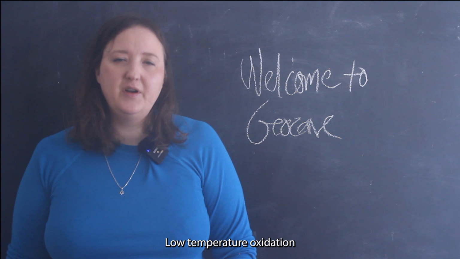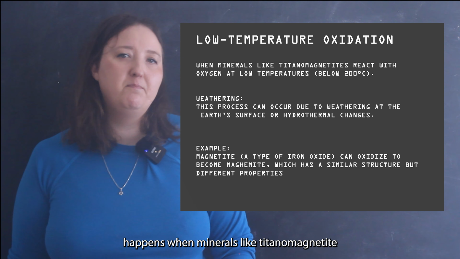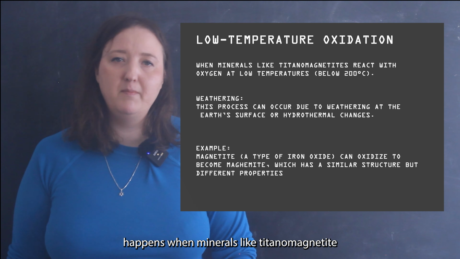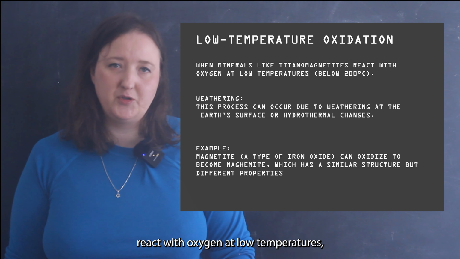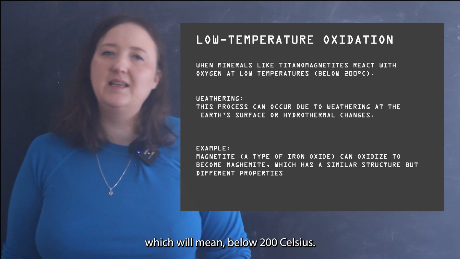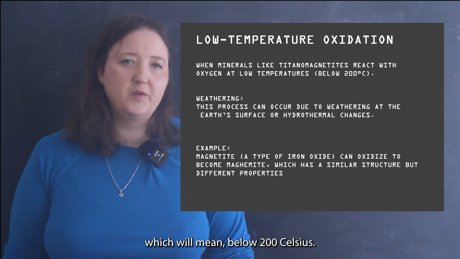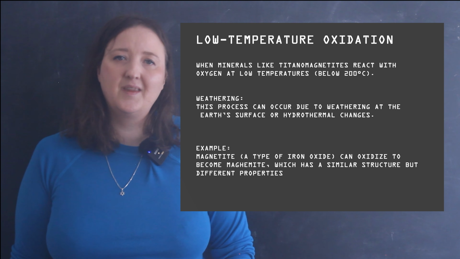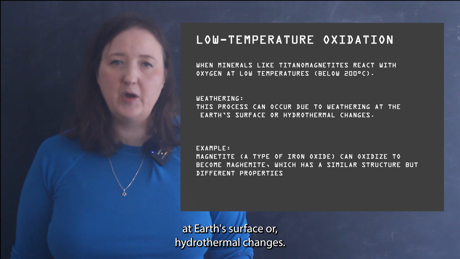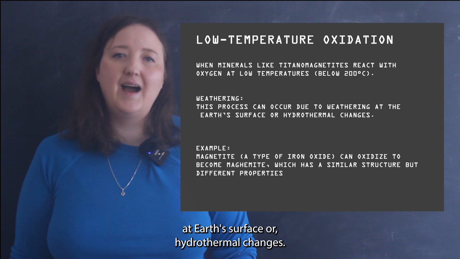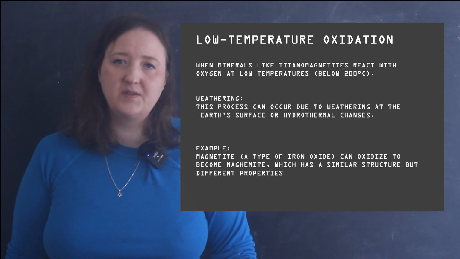Low temperature oxidation happens when minerals like titanomagnetites react with oxygen at low temperatures, which means below 200 Celsius. This process can occur due to weathering at Earth's surface or hydrothermal changes.